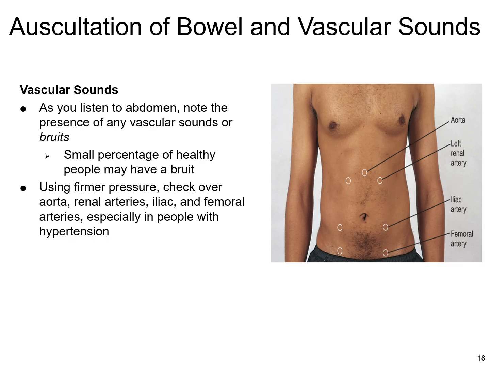Typically what you will hear is going to be a bruit, and this is an abnormal vascular sound. There is a small percentage of adults that have bruits. You just want to make sure you note the location of it, and you do not want to palpate that area.